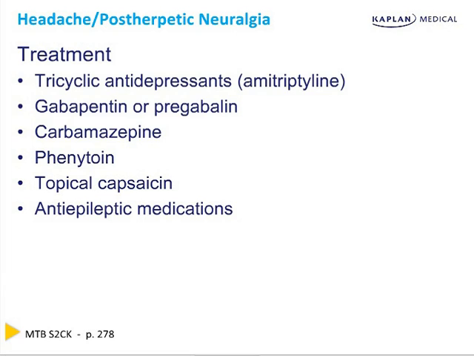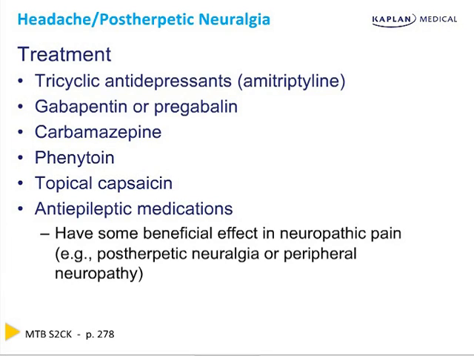Now, when we're going to use the antiepileptic medications, I'm afraid that I cannot tell you which one is definitely better than another. That also means you can't be asked to choose between the different seizure medications. But do not confuse it if they give you a seizure medication and then mix it in with the other choices being things like opiates.